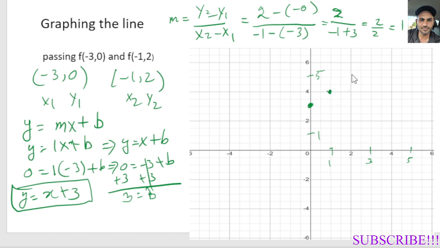Right here, 1 unit to the right, 1 up, 1 to the right, 1 up. Similarly, 1 to the left, 1 down, and so on, 1 to the left, 1 down right here. So this is how the graph of this line looks.